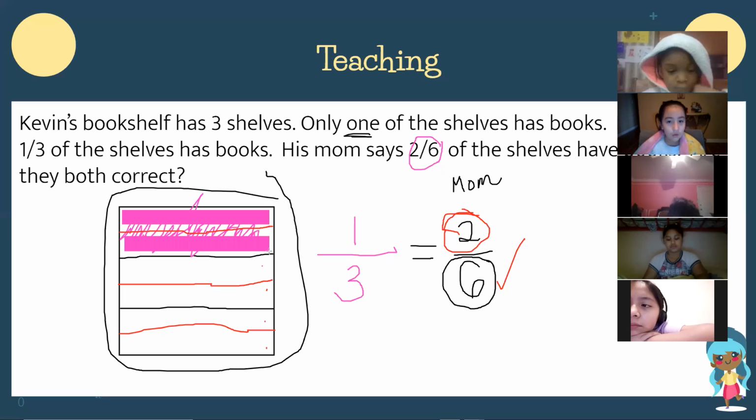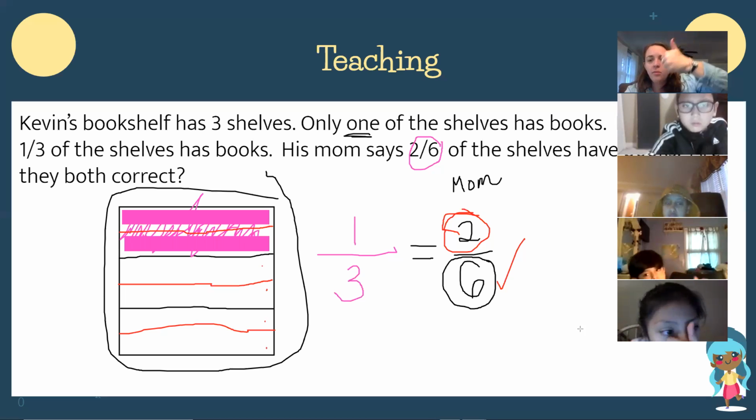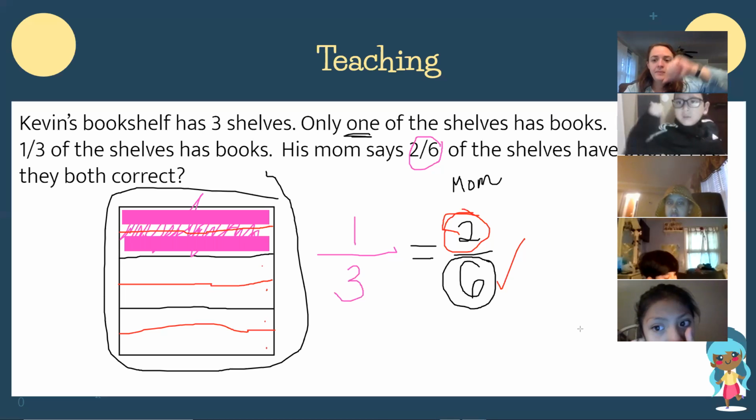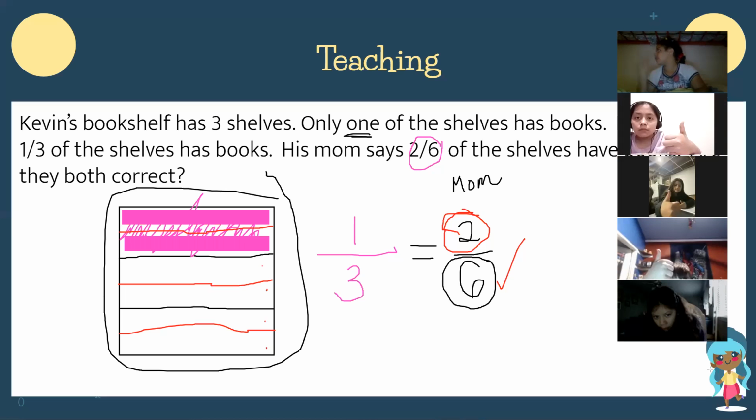All right, show me with your thumb. Yes, you agree with mom? Or thumb down, no, you disagree with her. Axel, thank you. Thank you to everyone for showing me your answer with your thumb. So mom is correct.